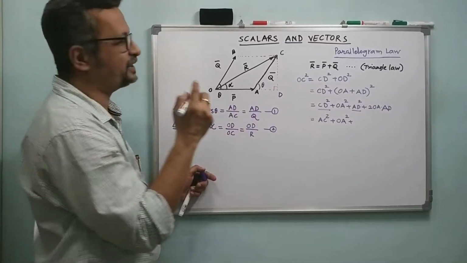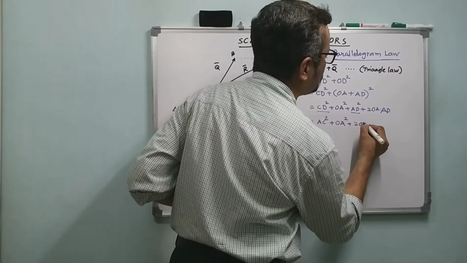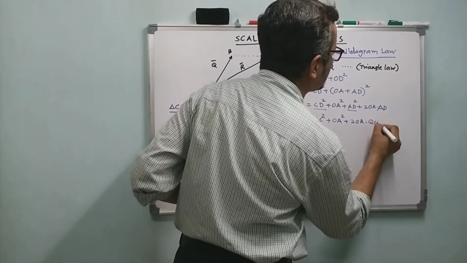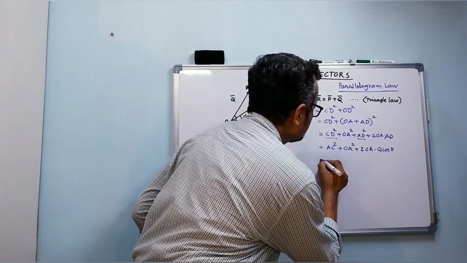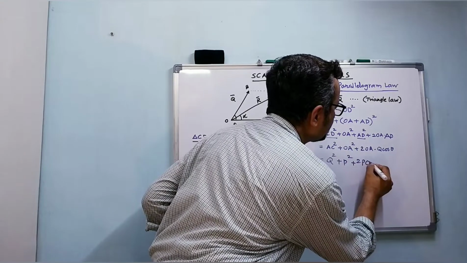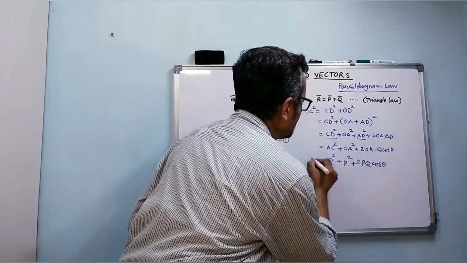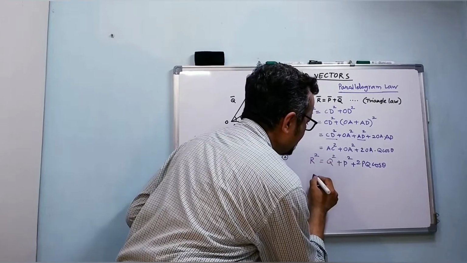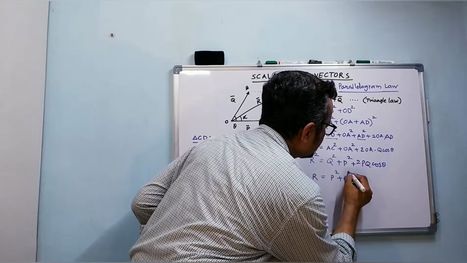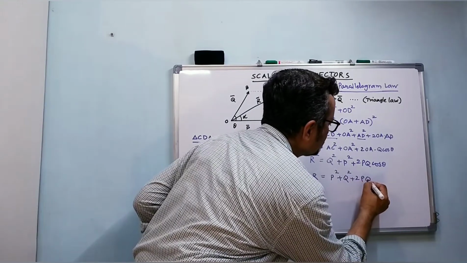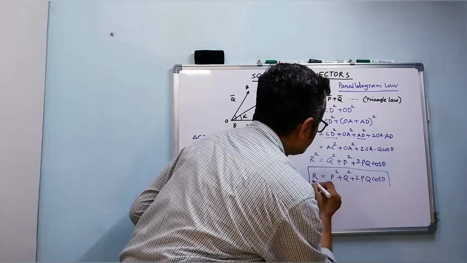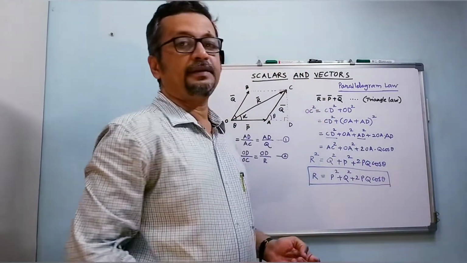AD is my Q cos theta. So this is Q square plus P square plus 2PQ cos theta. This is my R square. So my R is going to be the square root of P square plus Q square plus 2PQ cos theta, which is the resultant of my two vectors starting from the same point with angle theta between them.